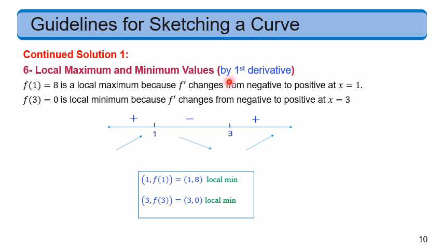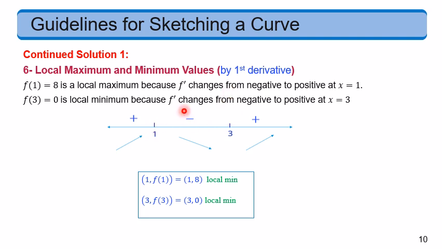At 1 it changes from positive to negative. Before 1 it is positive, after 1 negative, as we checked in the last slide. So positive to negative. What is the meaning? At 1 it is a maximum.